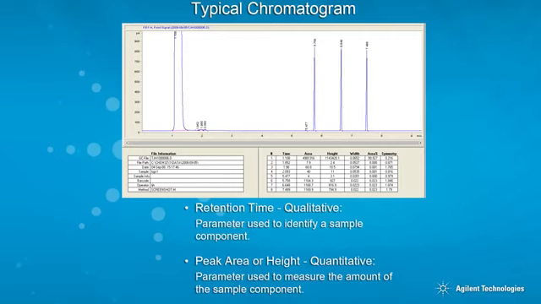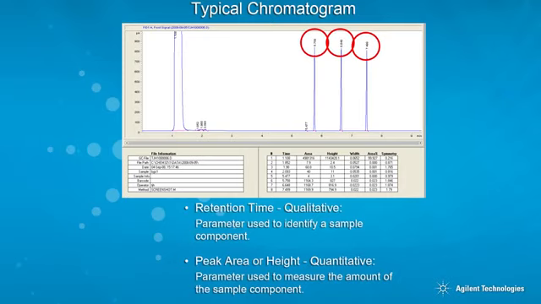GC peak times really do tell the whole story of the composition of the sample being analyzed. A typical chromatogram is shown. Retention times are used to identify the components in a mixture by comparing sample peak times to known reference standard peak times. If the times match, it is very likely that the components are the same.